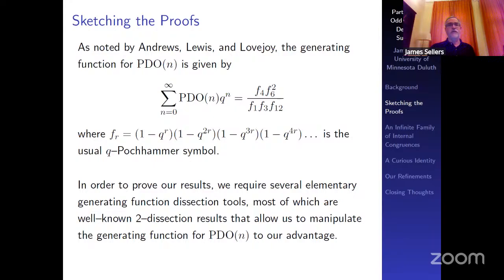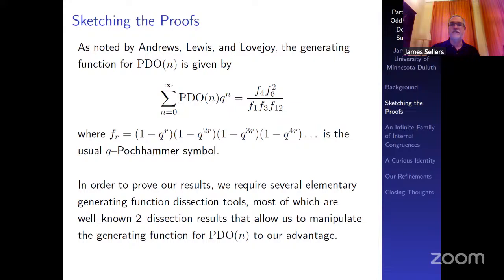So I need to do those, and in order to do that, I'm going to need some lemmas. Now, let me just highlight quickly before we go on, this generating function, the F4, the F6 squared, and the F12 are all ready to be helpful to us with 2-dissection because they're even. The F1 and F3 in the denominator are not so friendly. They're going to require us to do more work on the 2-dissection, but we can handle that.